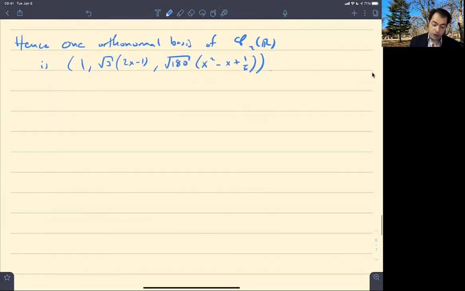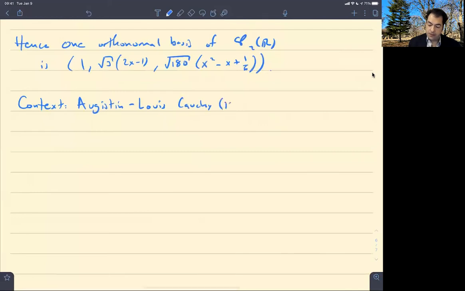For the historical context, I thought I would tell you about one of the mathematicians. We've been dropping a lot of names in the last few lectures once we started inner products, and one of those names was Cauchy. So I thought I would tell you a little about that mathematician, Augustin Louis Cauchy, who lived from 1789 to 1857.